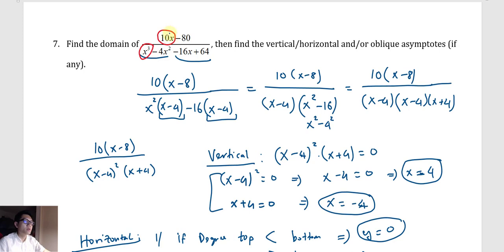In this case, the degree on the top is not larger than the degree at the bottom. We need the requirement to be that the degree of the top term is one more higher than the degree of the leading term of the bottom, in order for you to get the oblique asymptotes. In this case, it's not, so we don't have that.